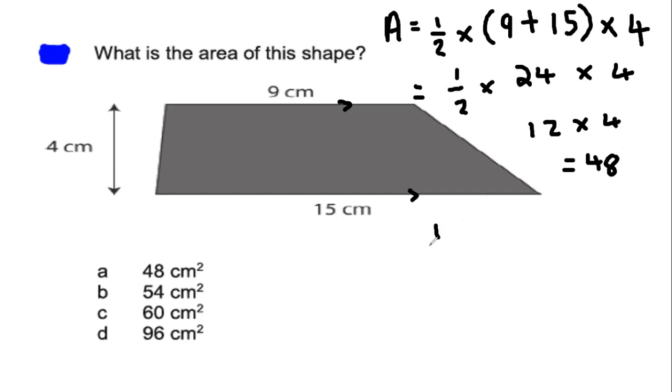But suppose it was 1/3 times 25 times 12. How would you work this out in the exam? I do have a calculator. Because half of 24 is an easy 12, right? But suppose it's 1/3 of 25. What would you do?